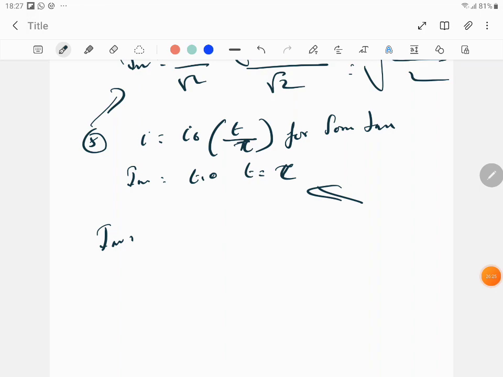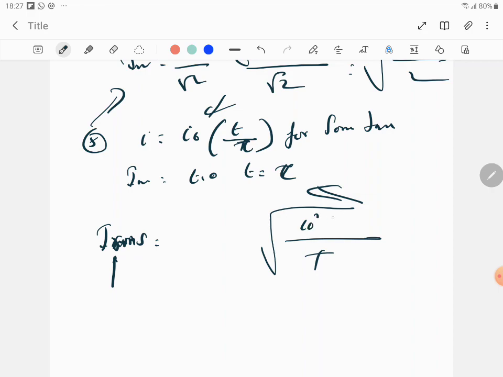Root mean square value means there's going to be a root and there's going to be a mean, which means dividing. And all the values of the current have to be squared. The value of the current is I naught into t by pi, so it becomes I naught square into t by pi the whole square. This whole thing is the root mean square value.